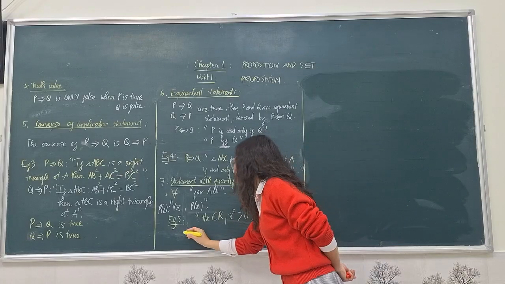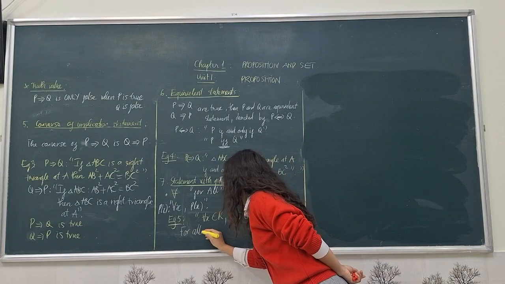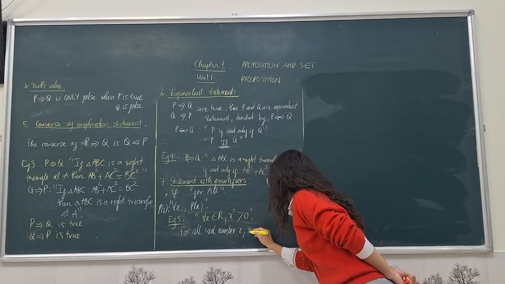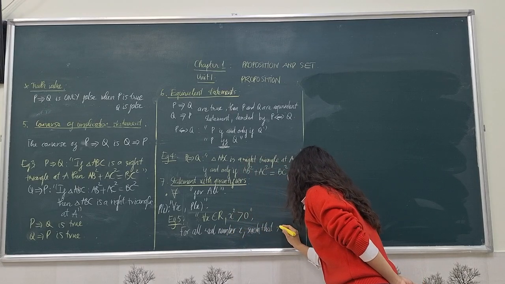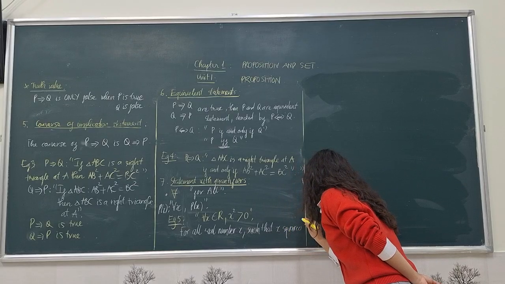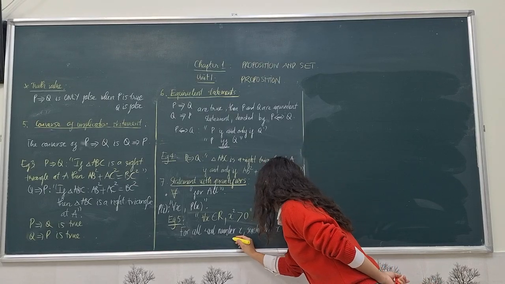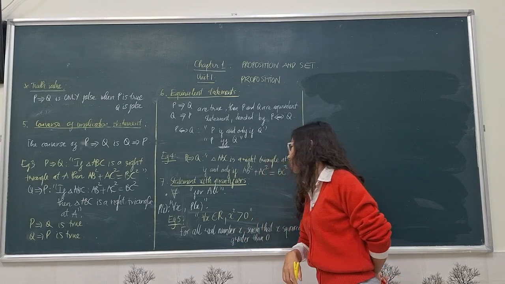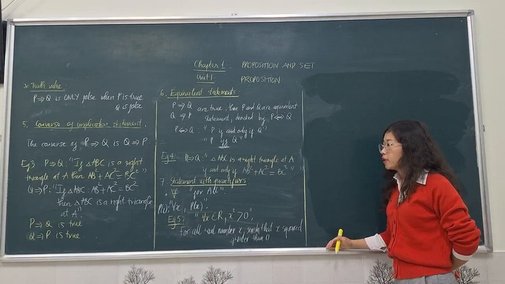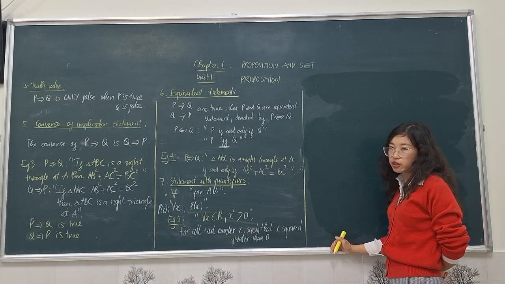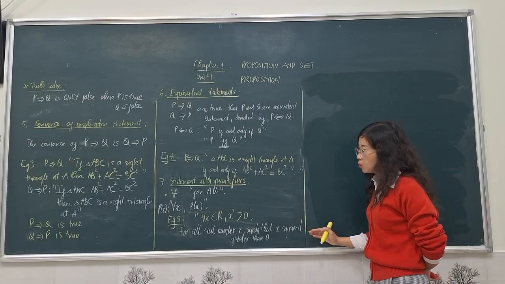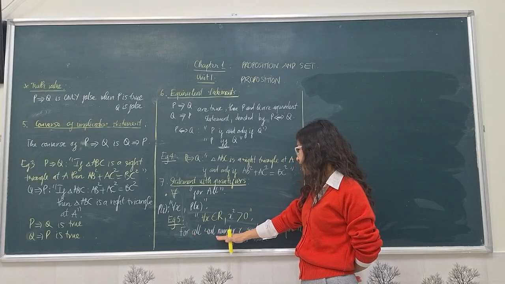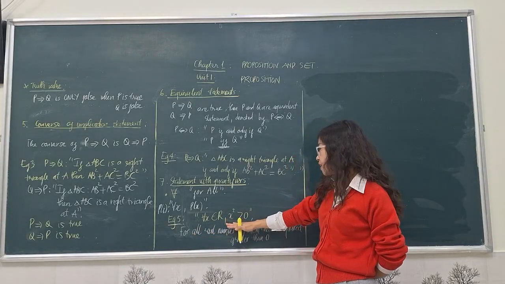Yes, we can read: for all real numbers x, x squared is greater than 0. Can we determine the truth value of this statement? Because we have the notation "for all" here, that means all real numbers must satisfy this identifier.